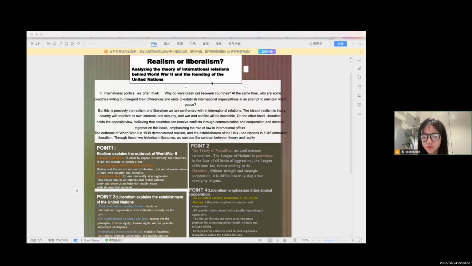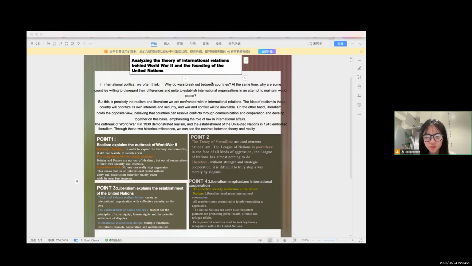It could do almost nothing against aggression. Therefore, without strong strategic cooperation, it is difficult to truly stop a war merely with slogans.